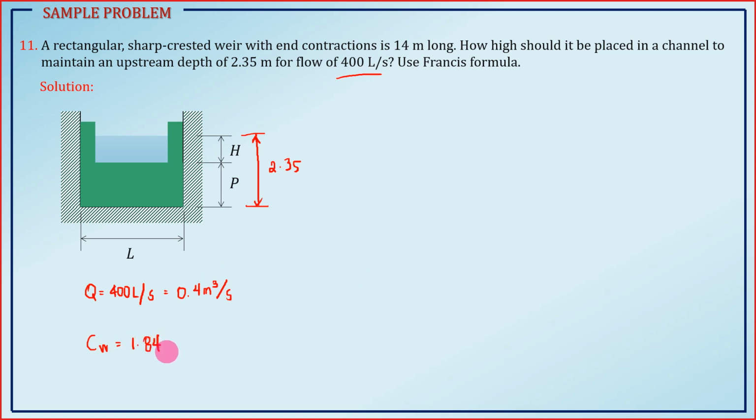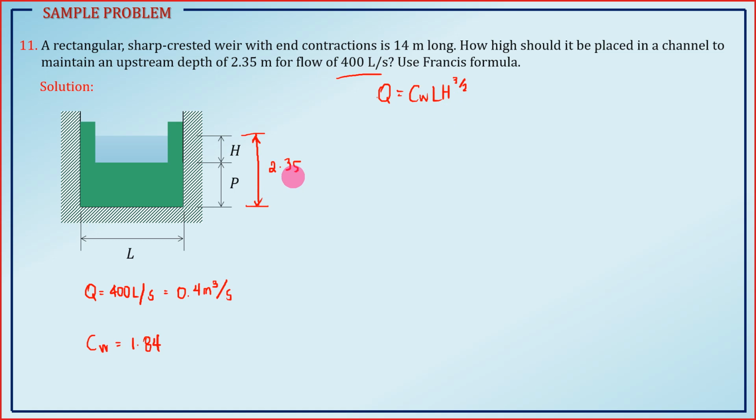After using this CW for Q, neglecting the approach, Q is equal to CW L H to the 3 halves. After solving for H and P using the given 2.35, we can check whether the ratio is really less than or greater than 0.4.